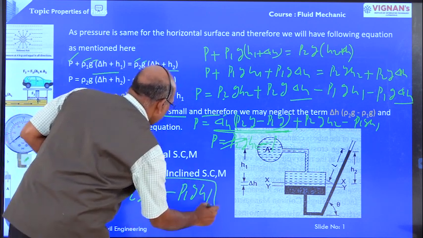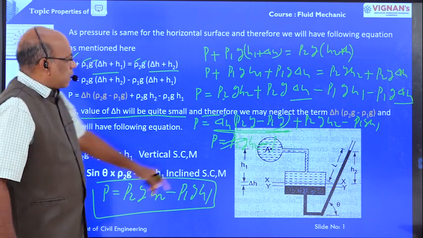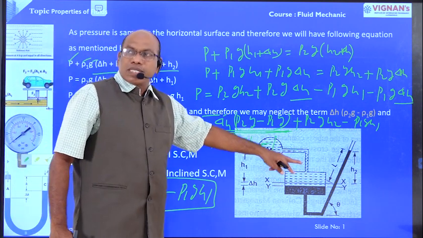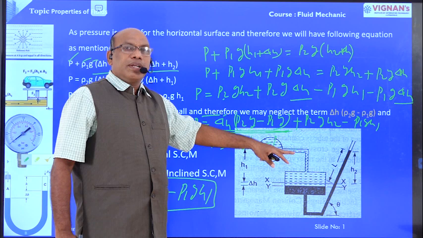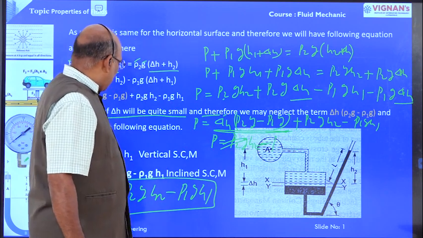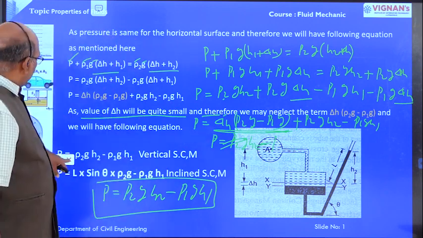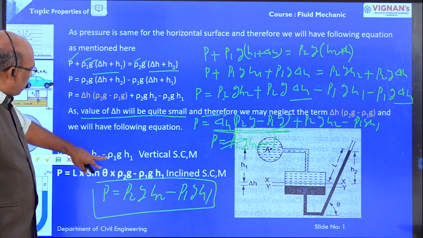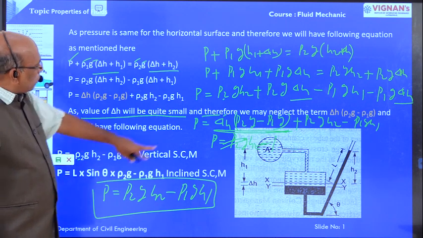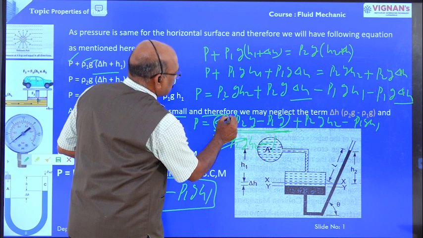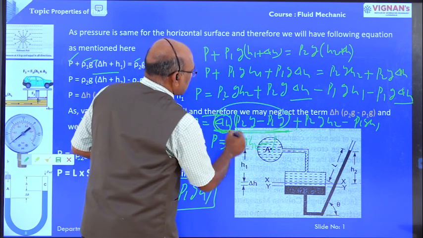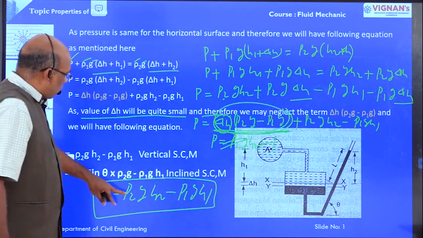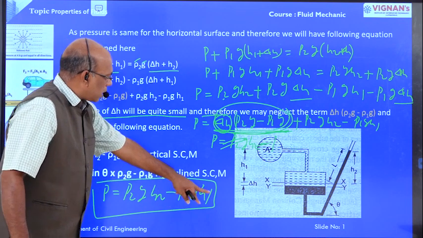This is the formula for the determination of pressure at point A in case of a single column inclined manometer. Because delta H is very small, this entire term is neglected. Therefore, PA is equal to rho 2 G H2 minus rho 1 G H1.